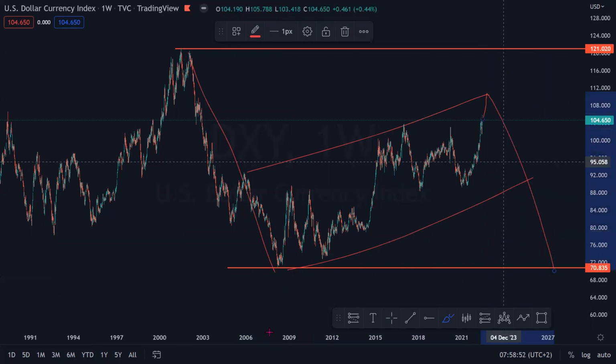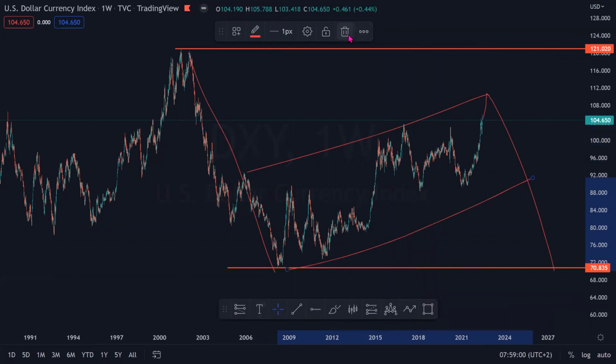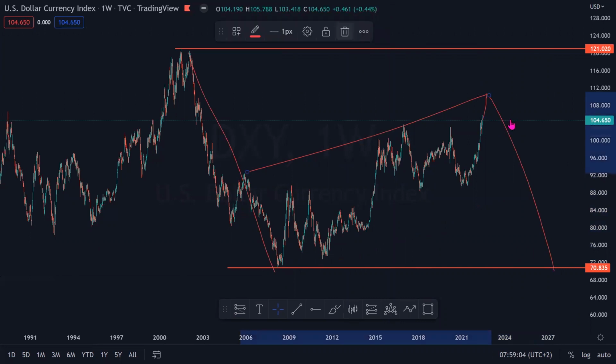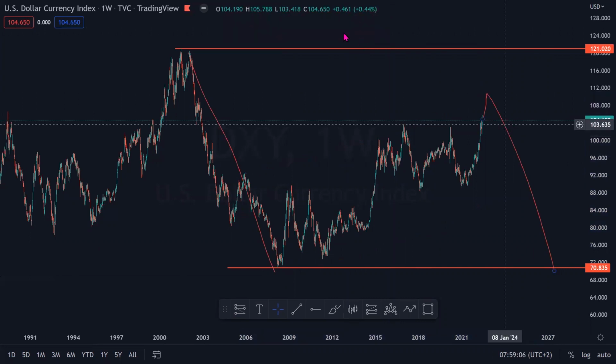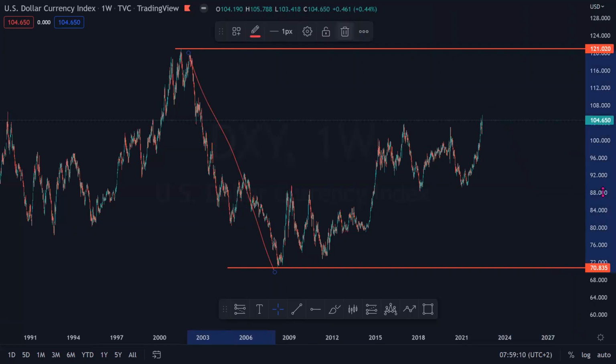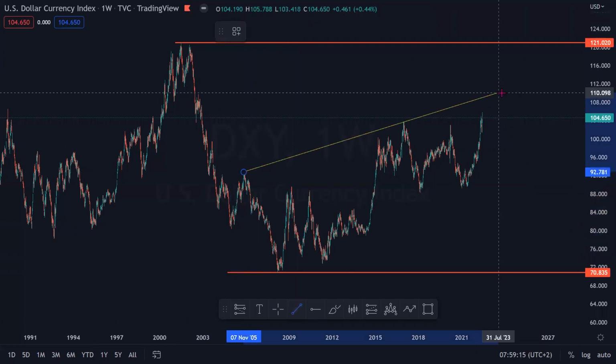So we are expecting something like this on a bigger time frame. Let me just remove this and draw things more properly. And when you draw your trend lines or your structures, you don't force anything.